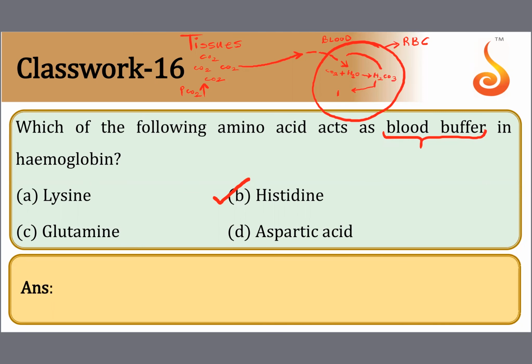I'll write H plus and HCO3 minus over here. Now this H plus is dangerous for us, because if H plus keeps accumulating, it will increase the acidity of the cytoplasm of the RBC. This is where hemoglobin comes into the picture. Hemoglobin, which is in the form of HbO2, there is no space here. Okay, let me draw it again.